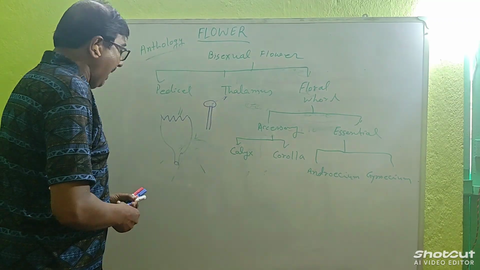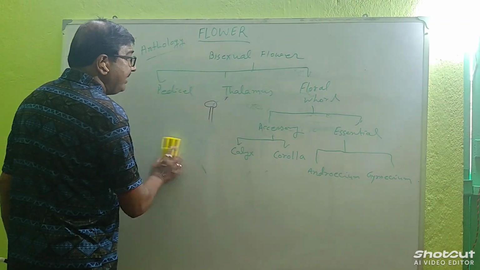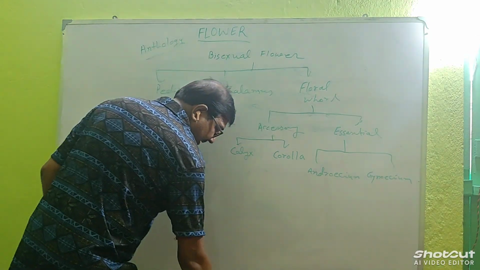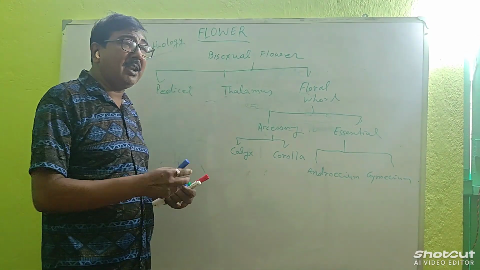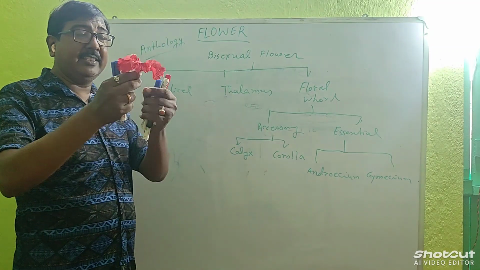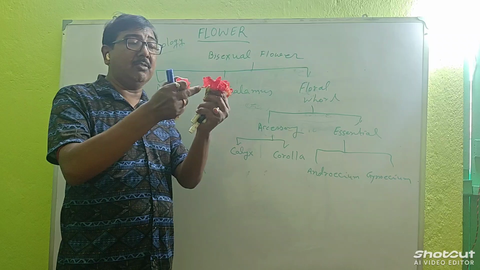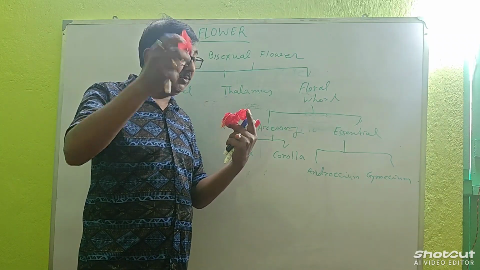After that, the next part is the corolla. Different flowers have corollas of different shapes. See this picture: in hibiscus, the corolla looks like this. Five petals are present: 1, 2, 3, 4, 5.